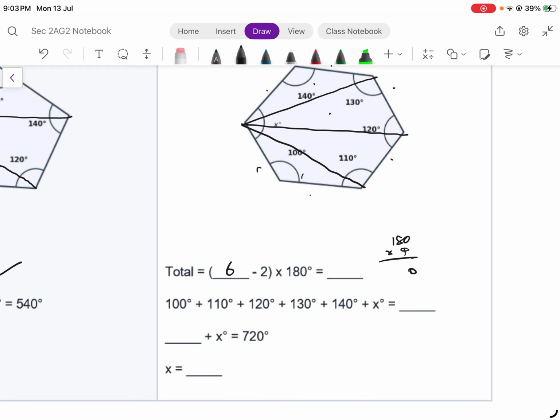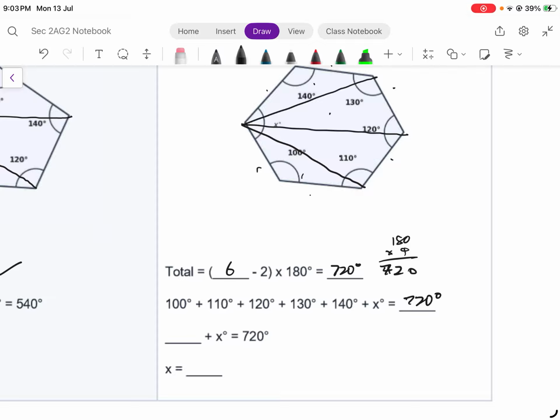So 4 times 180 is 720. Then from here, all the other angles plus x equals 720.